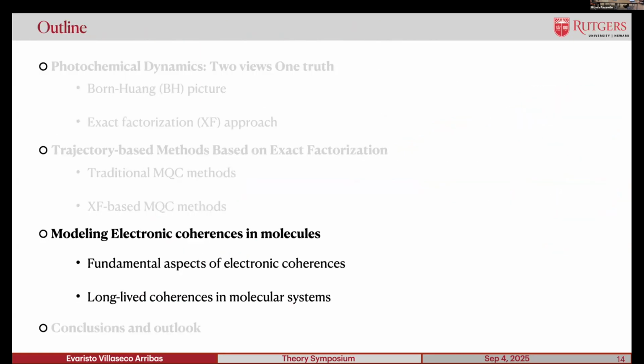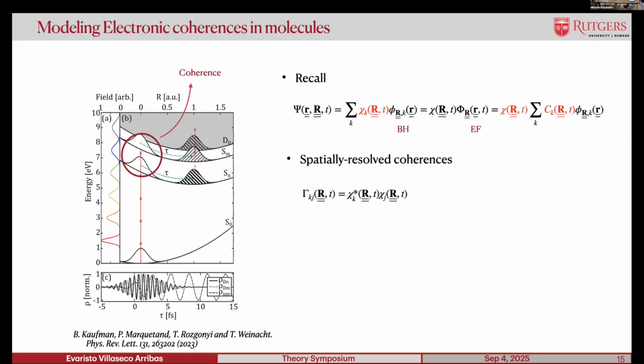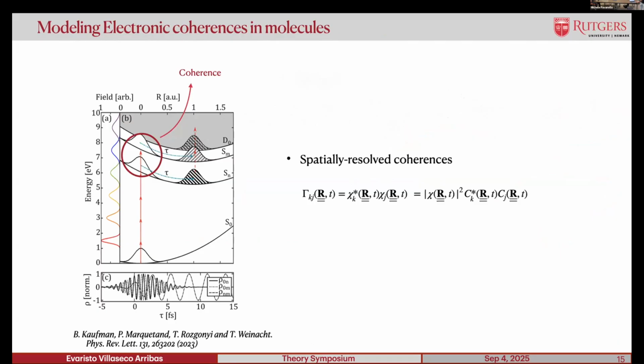And finally, the part that I should have spent more time talking about, let's look at coherences now. Again, as a reminder, these are spatially resolved coherences. Recall that we can map those wave packets with the coefficients on the Born-Huang expansion, on this expansion of phi, so chi_k is chi times c.